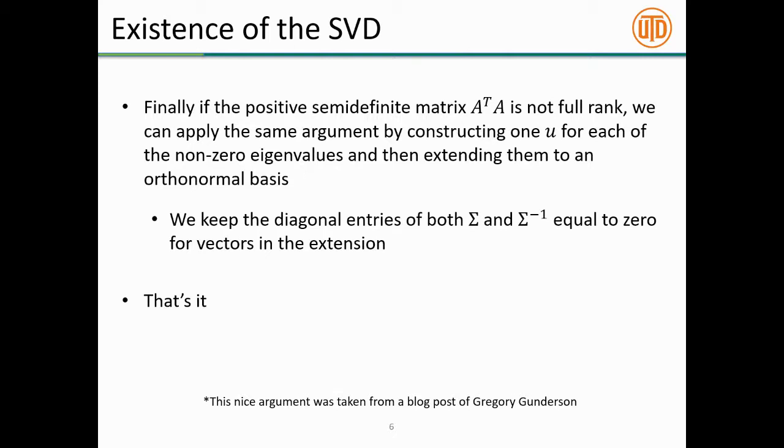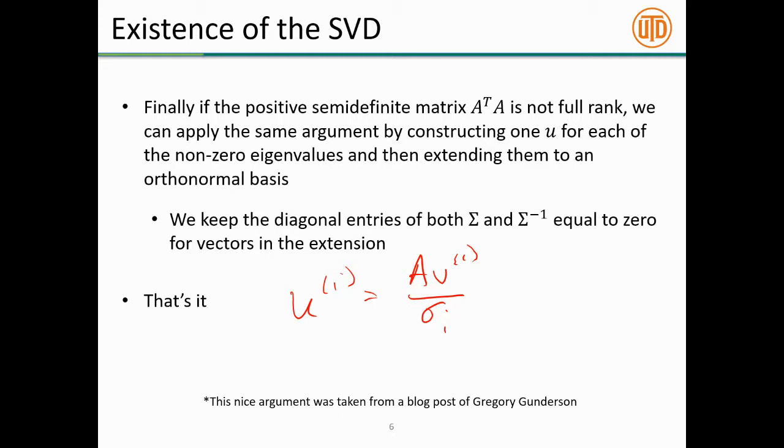Well, then what we do is we construct all the u's in exactly the same way as before. For any eigenvalue of A transpose A that's non-zero, we define ui to be equal to A times vi over sigma i. Okay.